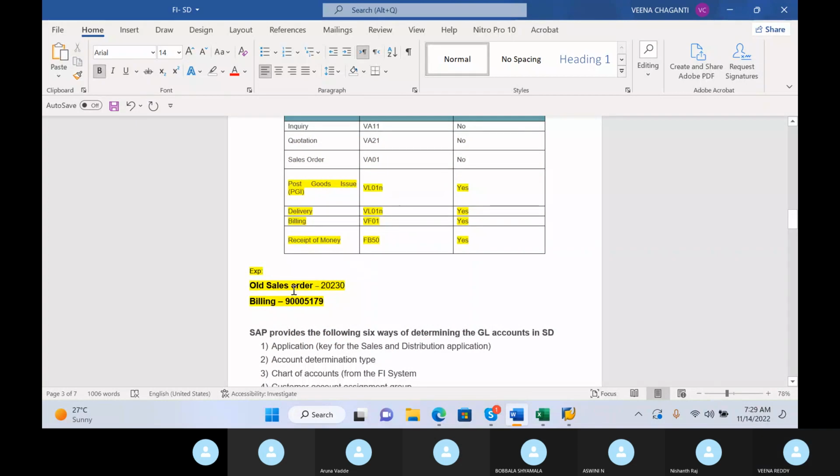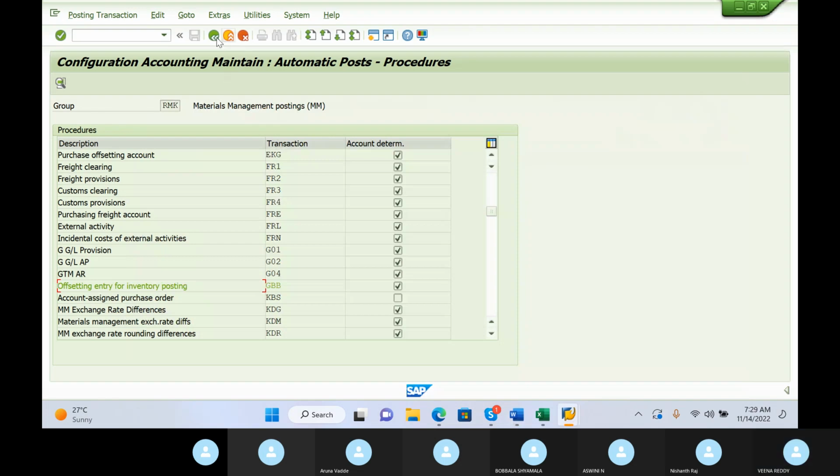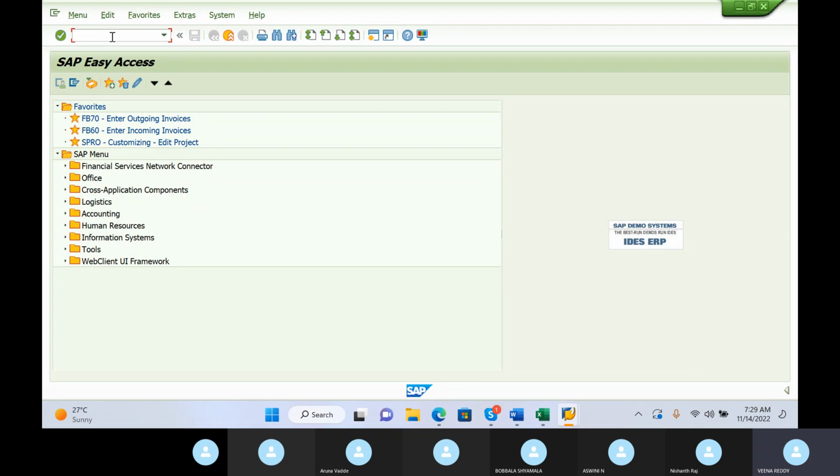I will show, for example, sales order 20230. How does it happen? My system has some issues related to SD, so I don't want to go in depth.